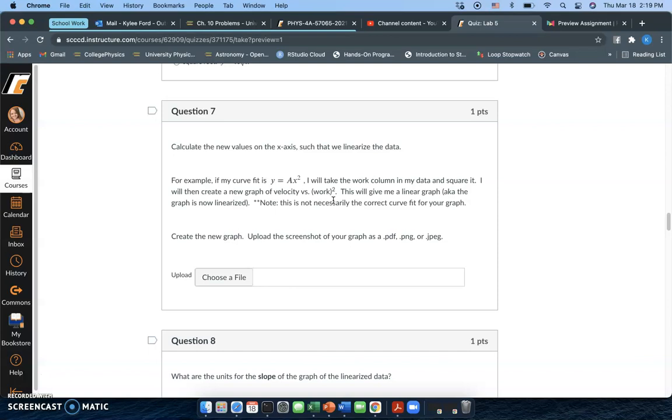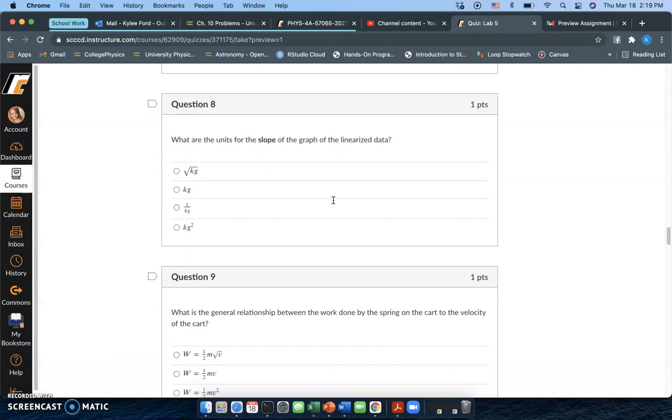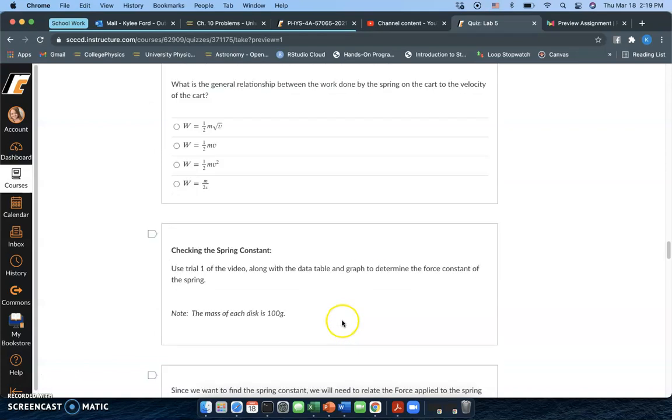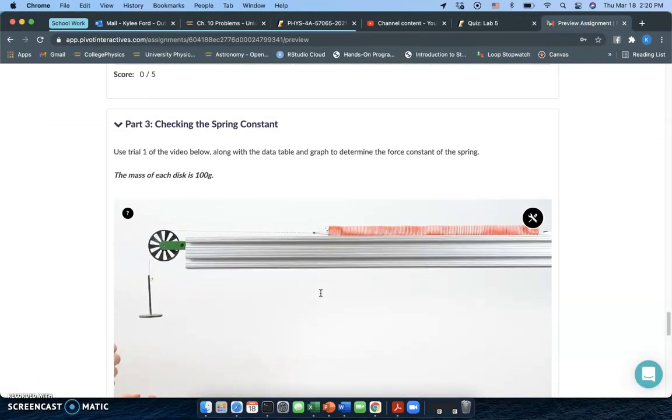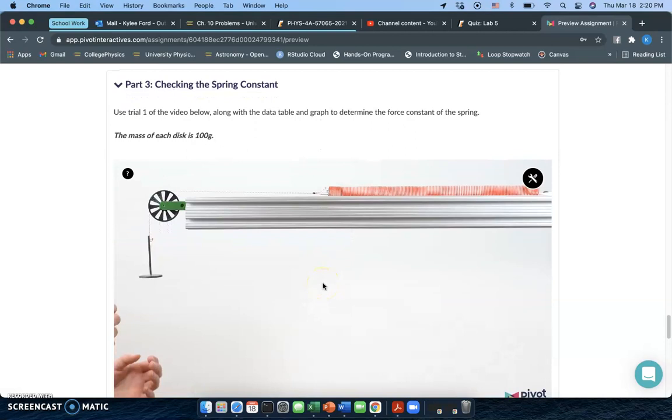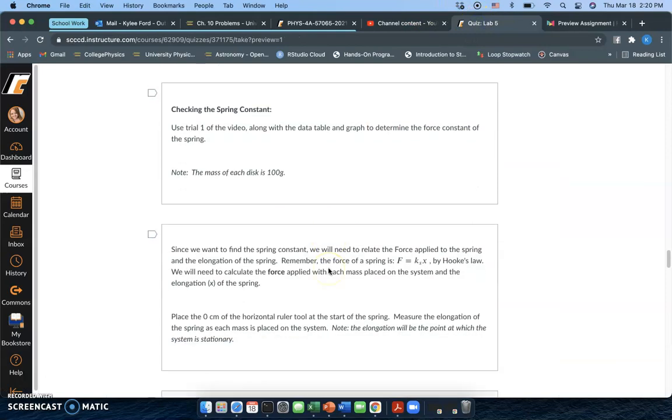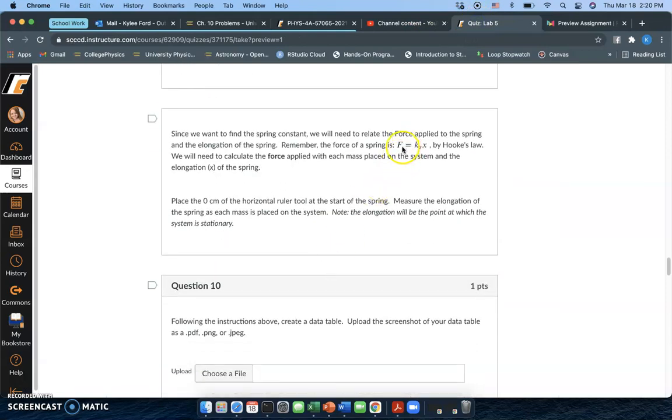From there you'll talk about the units of your slope, and then determine that relationship of work to velocity. Then there's one more portion, called checking the spring constant. Now we are looking at another equation: force equals spring constant times the elongation of the spring, or that spring stretch.